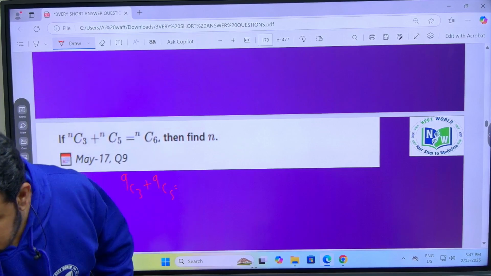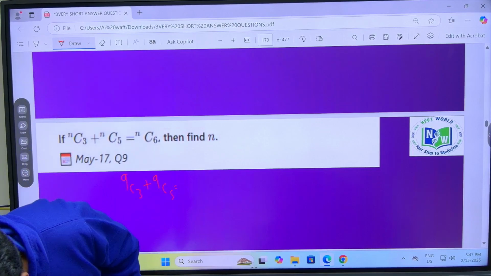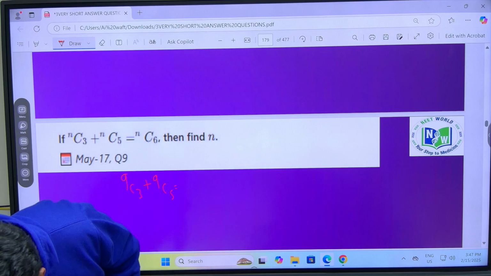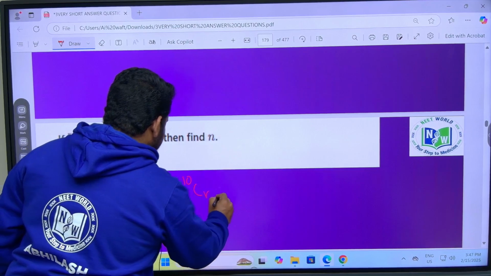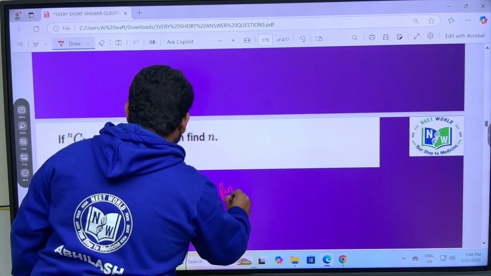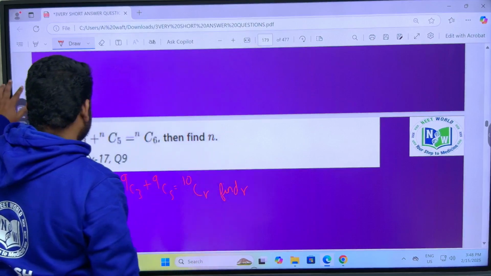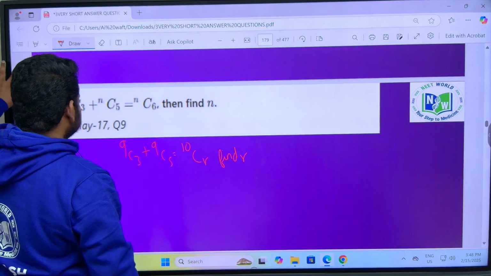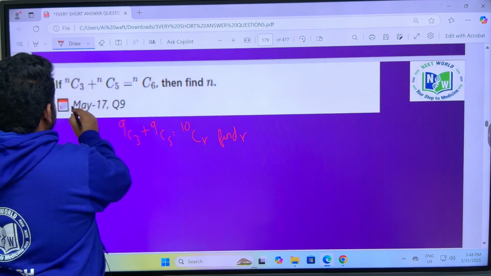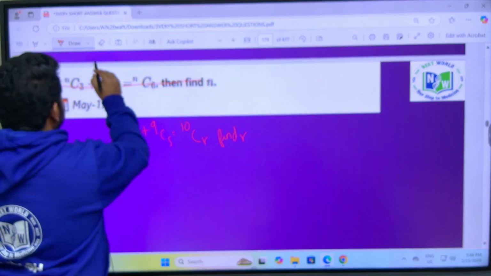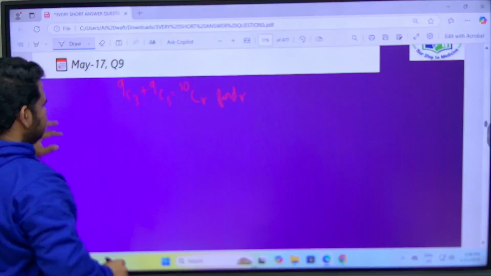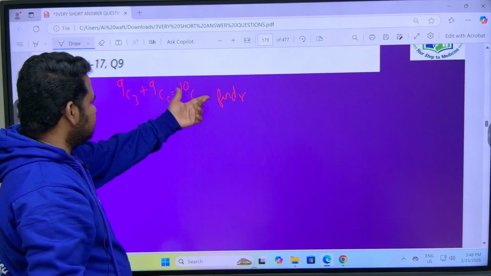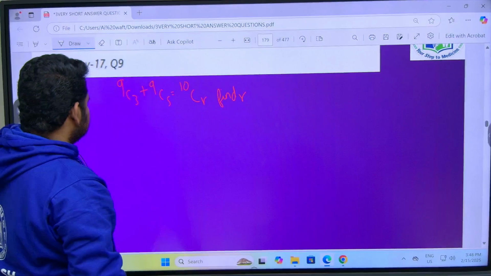They're asking us to find R. Okay, this is the question, not this one. This is the PYQ: 9C3 + 9C5 is equal to 10CR. Find R.